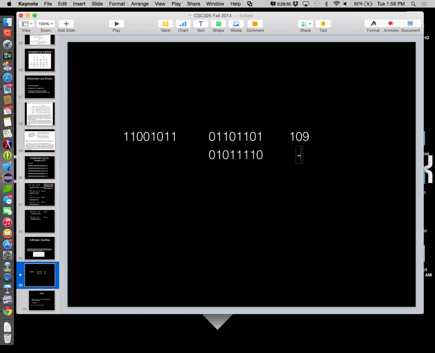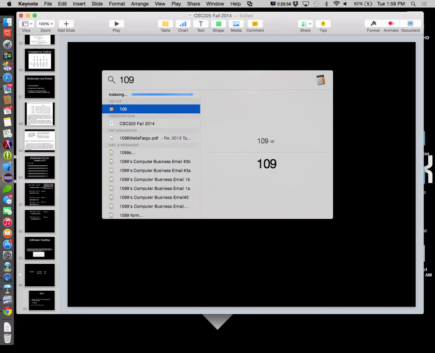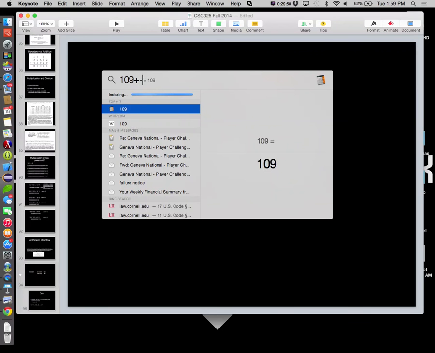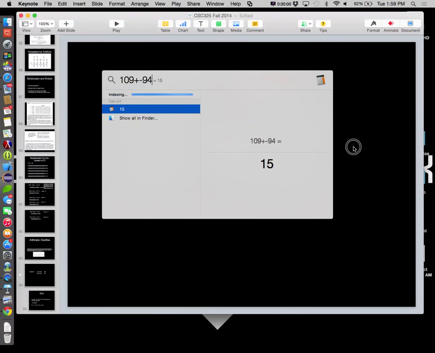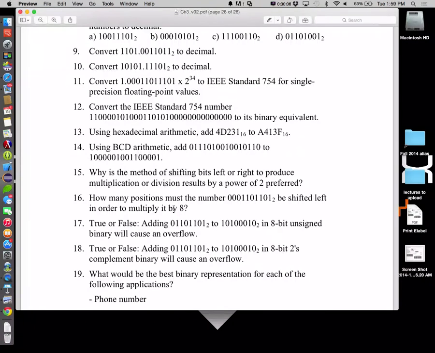Then 109 plus negative 94 is 15. Will 15 fit inside 8 bits? It doesn't even tell us if it was signed or unsigned. Well, signed by definition because it's 2's complement.